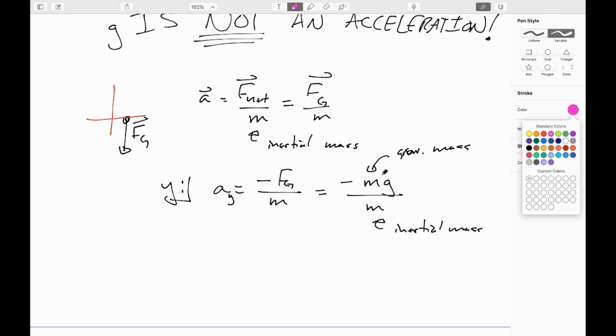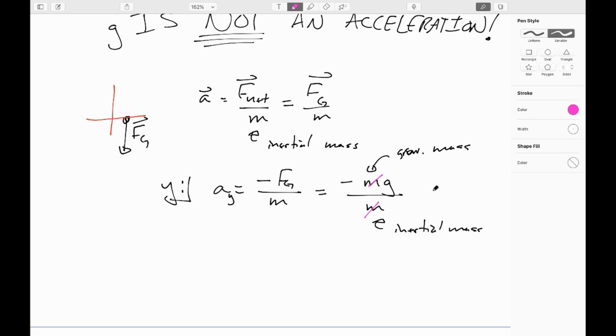So we go ahead and cancel them. And now what you're left with is that numerically, the acceleration of a freely falling object is numerically equal to minus g. So then at that point, yeah, sure, if you want to take your newtons per kilogram and turn it into meters per second squared, that's good.